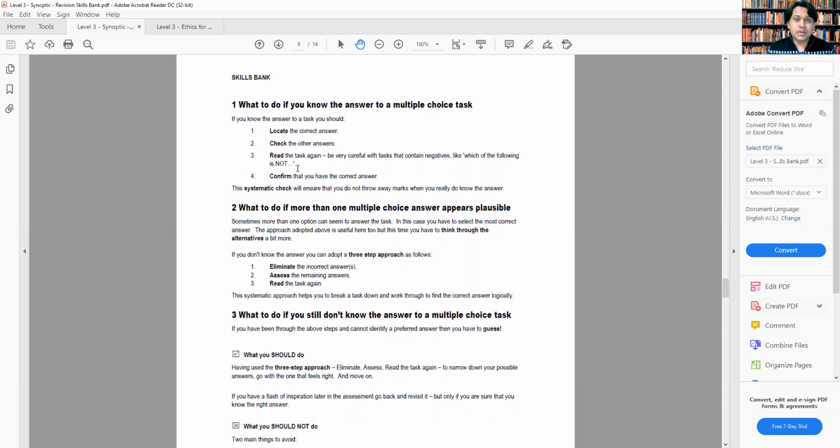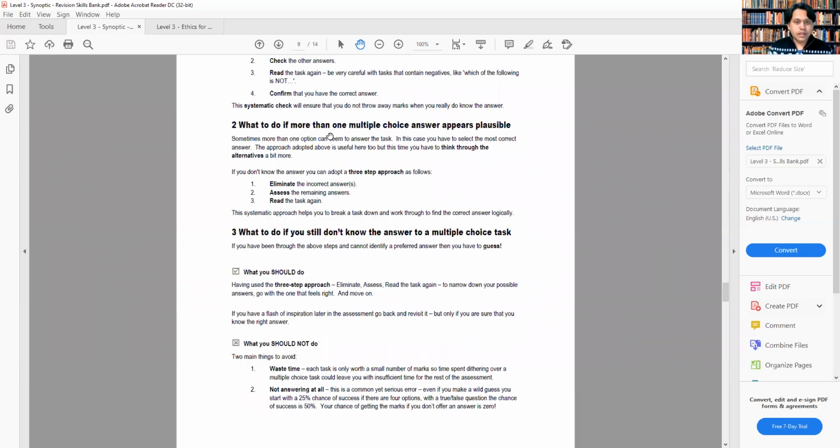But they didn't ask for the right one. They asked for the wrong one. They said which of the following is not a statement of the limited company. So obviously you need to read the question very carefully. Confirm that you have the correct answer. Then after that you confirm you have the right answer. So three steps. You look at the right answer first, then you look at the wrong answers. And after that you read the question again and you confirm that's the right answer.